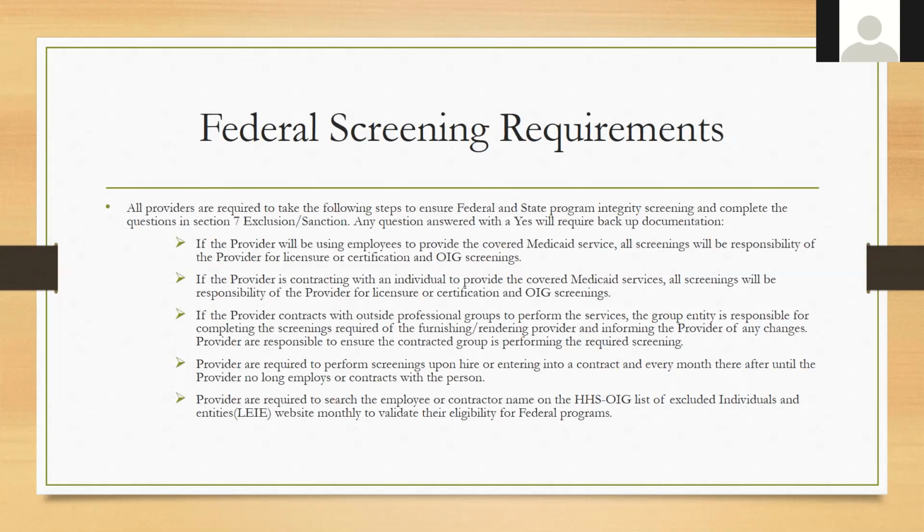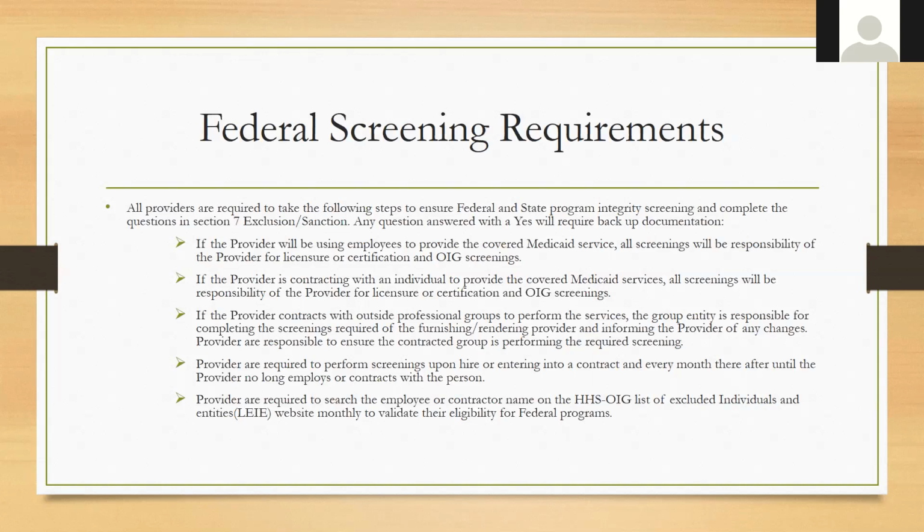So I want to talk about federal screening requirements, because this is basically the reason why the state does an enrollment process: there must be program integrity screening, which is my area. There's a whole section of the application called Section 7 that talks about exclusion and sanctions. This section has yes/no questions.